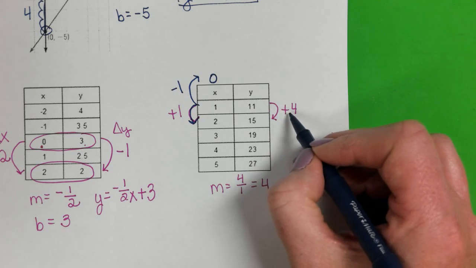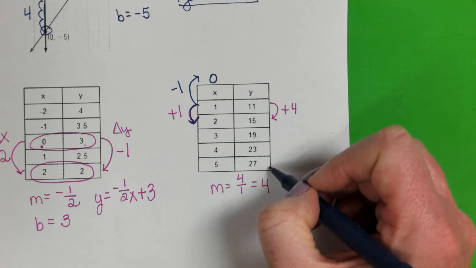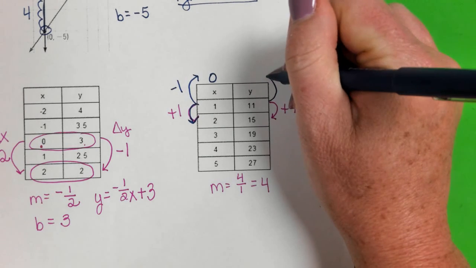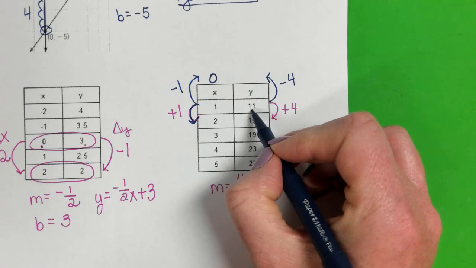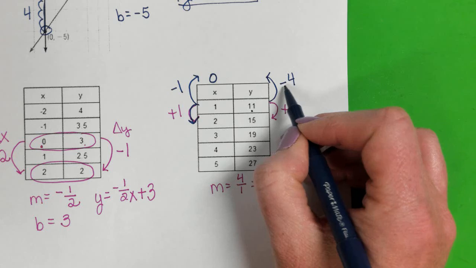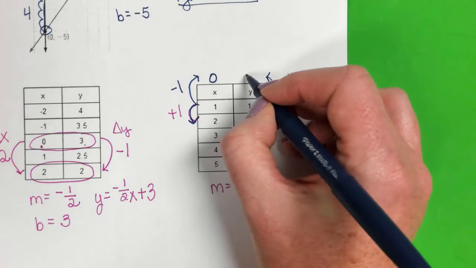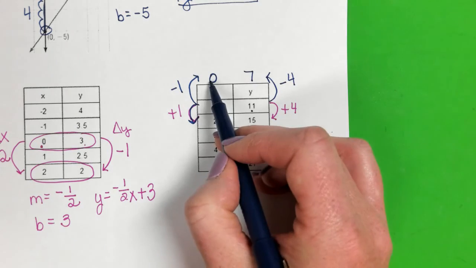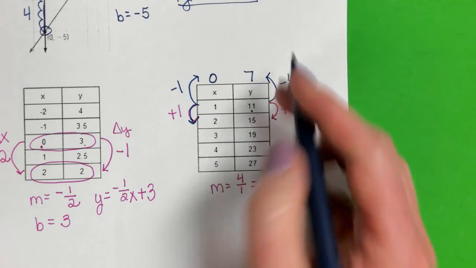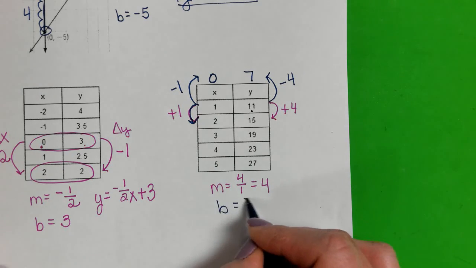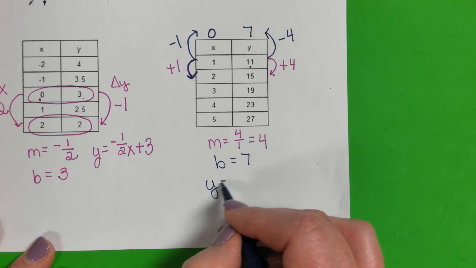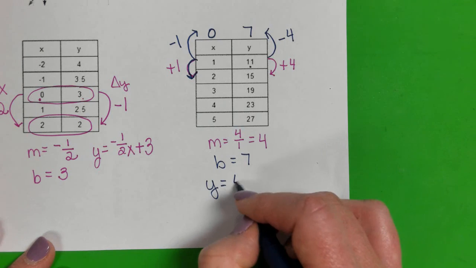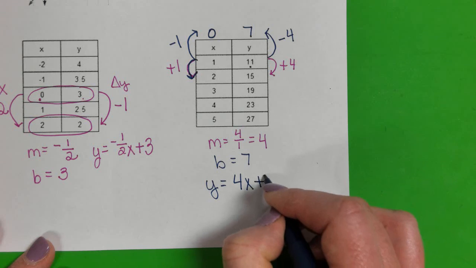The pattern is adding 4 as we work down the table. So if we go backwards, we would subtract 4. So what is 11 minus 4? It is 7. And so our y-intercept is 7. So that means our equation is y equals 4x plus 7.